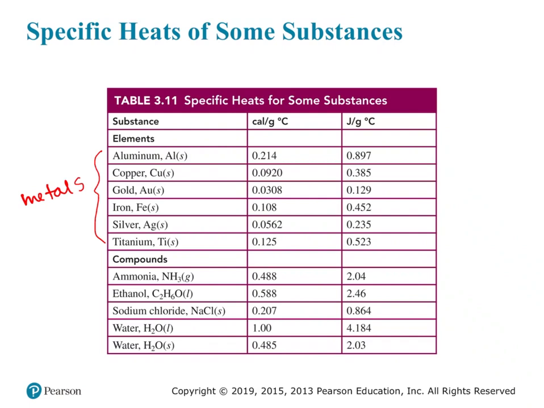So we can look at either calories or joules, but they're relatively small. And then if we look at the specific heat values for different compounds like water or table salt or ammonia, which is in cleaning products, you'll notice that those values are a little bit higher.